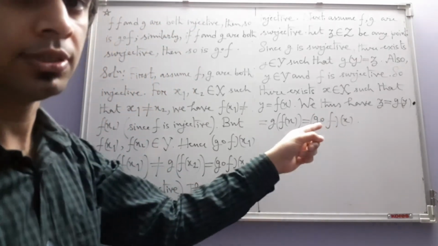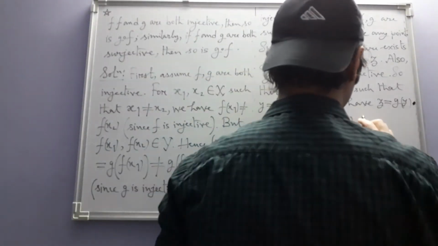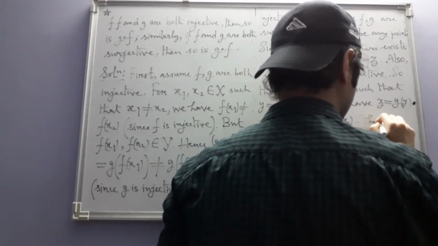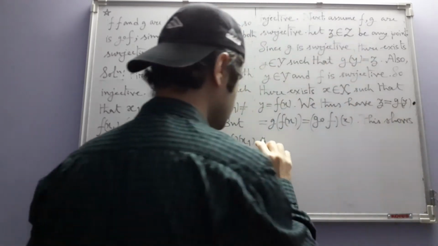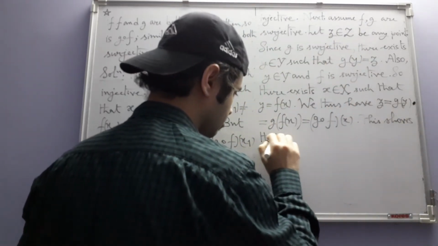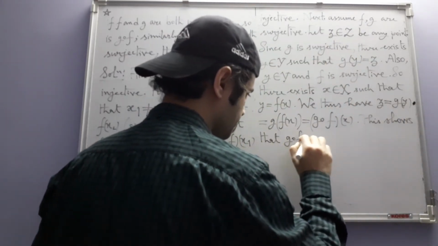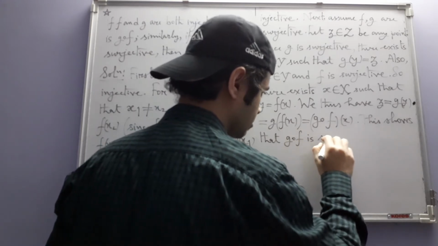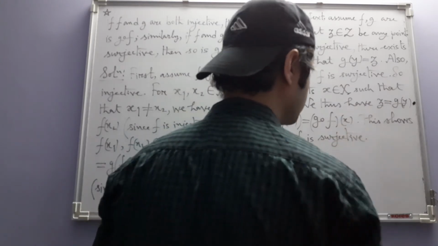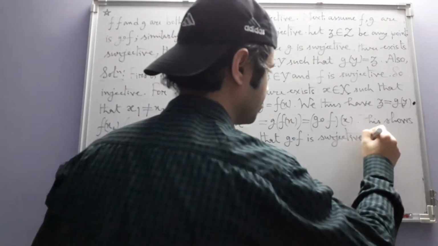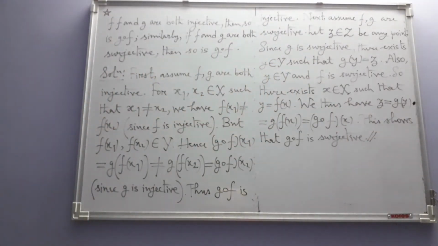Such an input exists. This shows that this is surjective, and that's what we wanted to show. So here the solution ends.